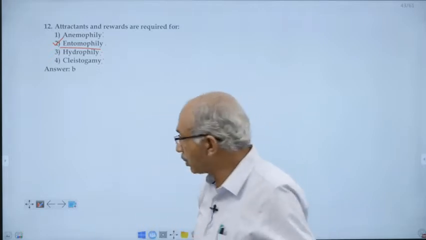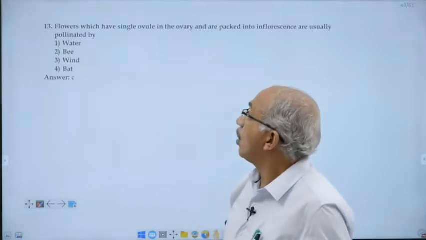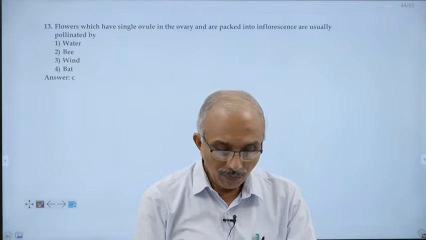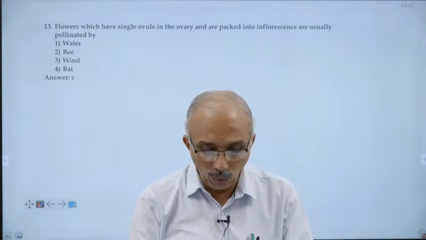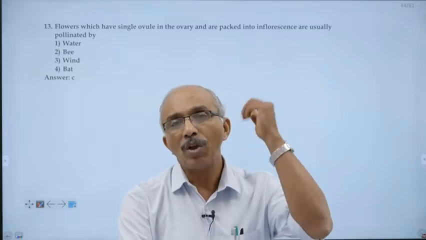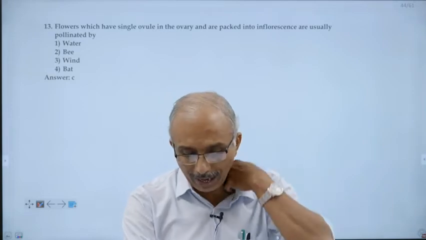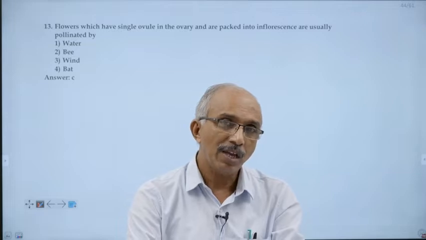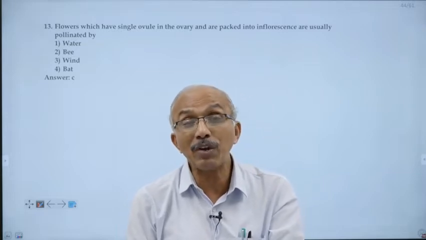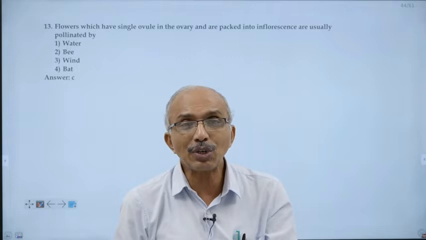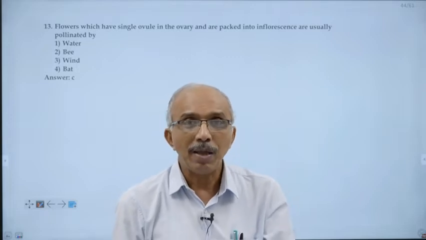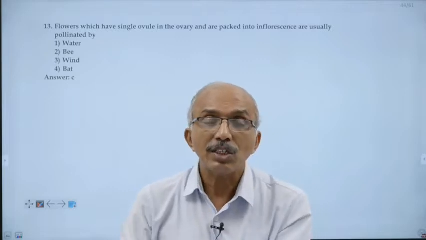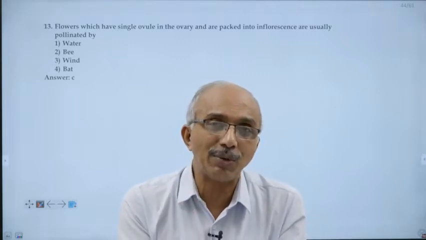Question number 13. Next. Flowers which have a single ovule in the ovary and are packed into an inflorescence. The flowers are packed into an inflorescence to get attraction, because individual flowers are small and non-attractive.